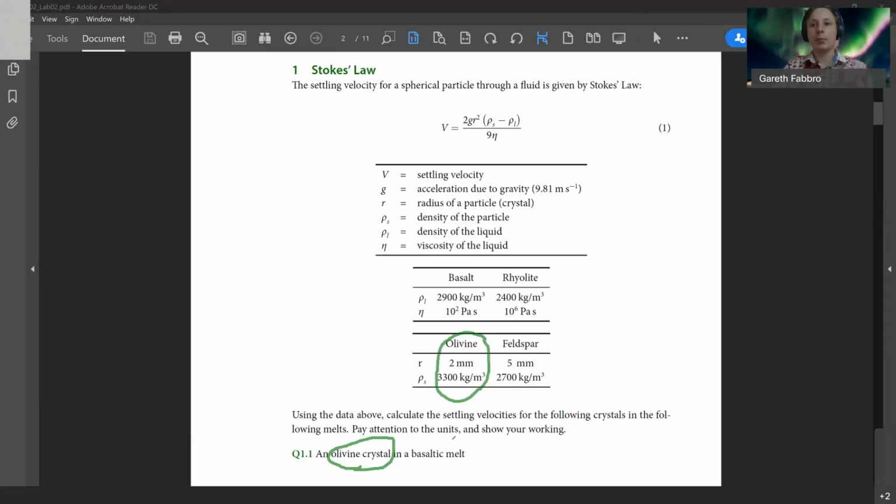In this case, you want to look at basalt. You have all the values here, and you have your equation. So you should just be able to put these numbers into a calculator and get the answer.